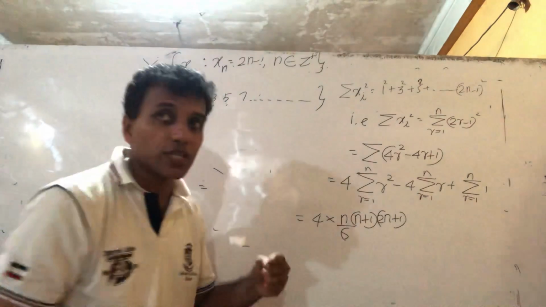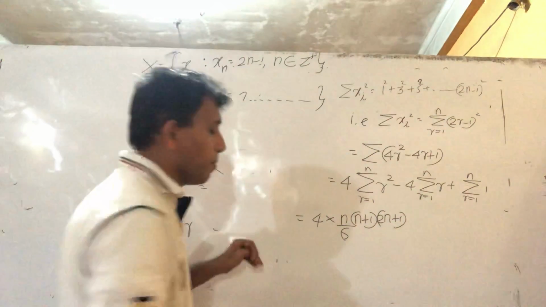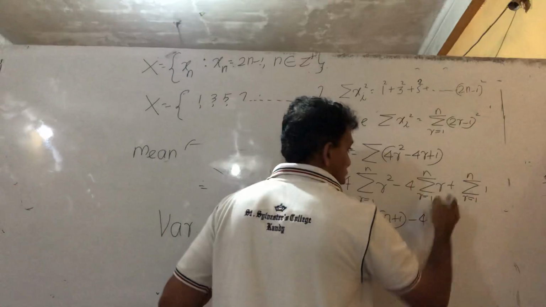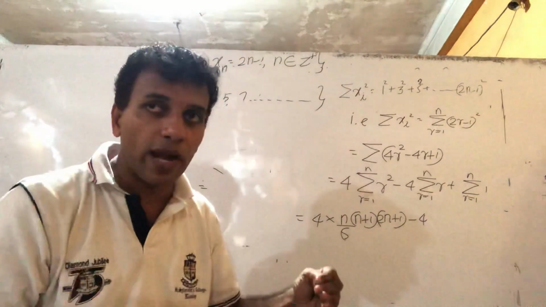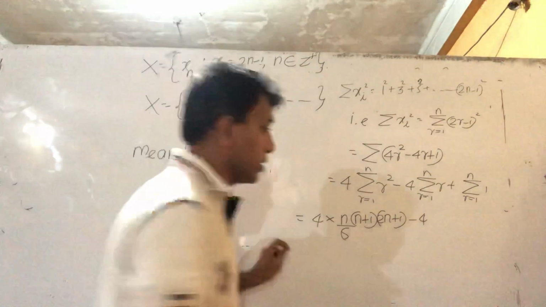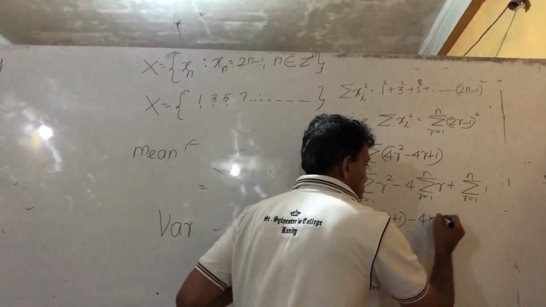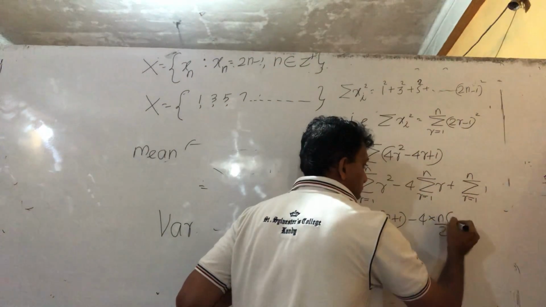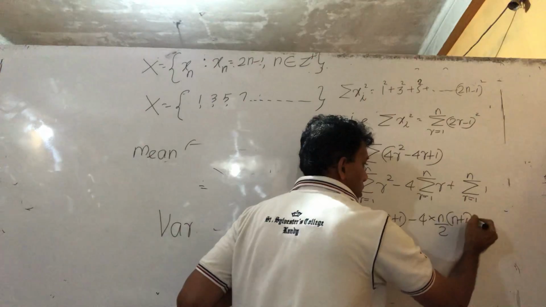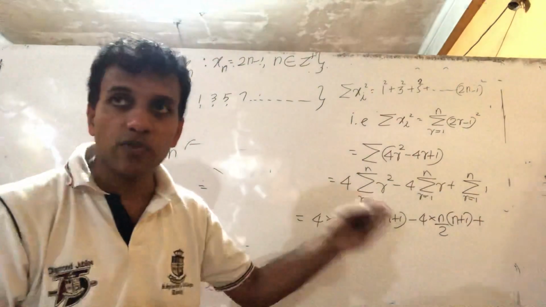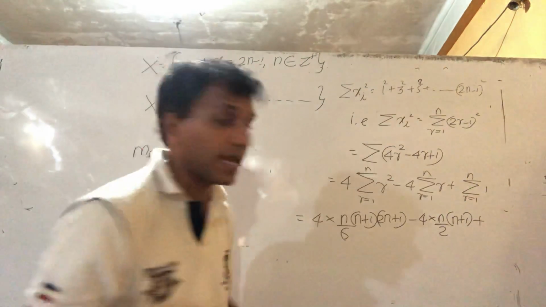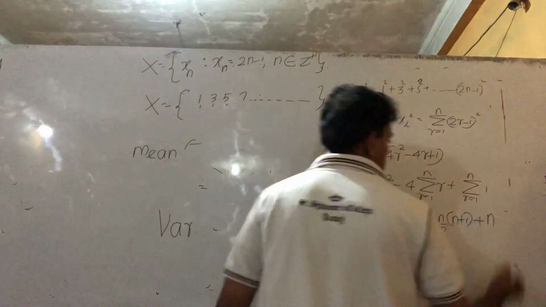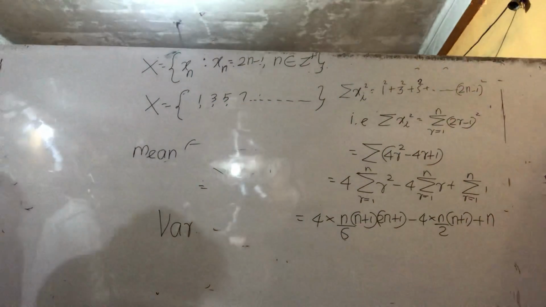Minus 4 into the sum of the first n integers, n by 2, n plus 1. At last, 1 plus 1 plus 1 up to n terms, that is n.